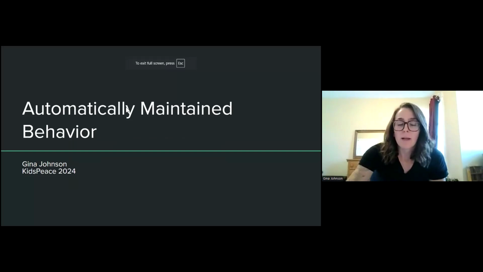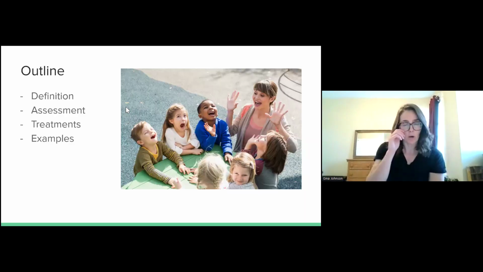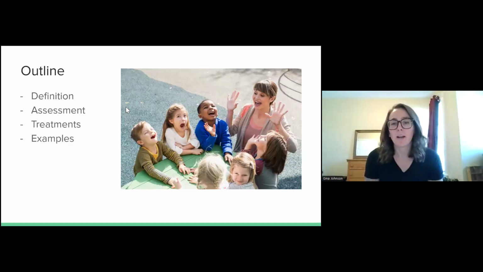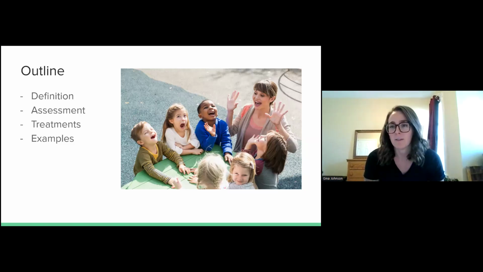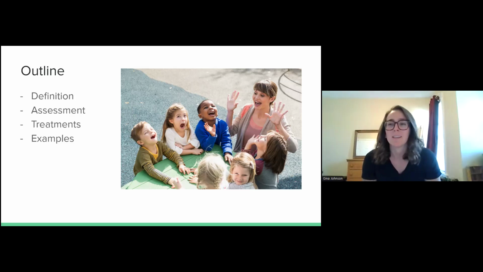We're going to talk about automatically maintained behavior. So, we're gonna have a lot of fun, like this picture. I love this picture. It just looks like so much fun. Hopefully, we're going to come up with a definition of what behaviors are automatically maintained, that fourth function that is mysterious to all of us.